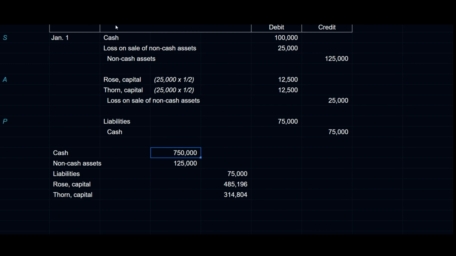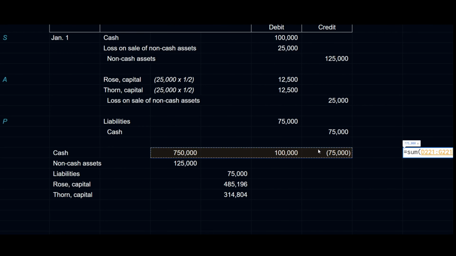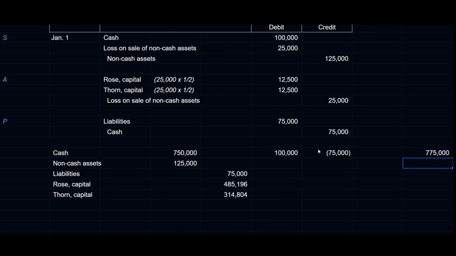We had $750,000 in cash, and what took place? Well, cash was increased by $100,000 as the result of the sale, and then cash was decreased by $75,000 when they went to pay out their liabilities. So total cash after all of this is $775,000.